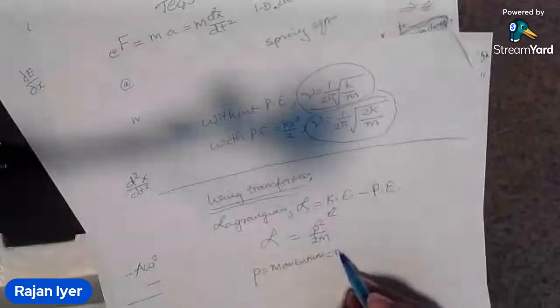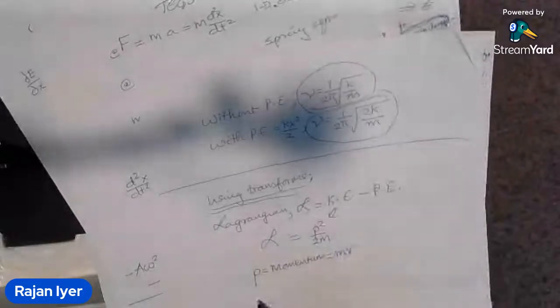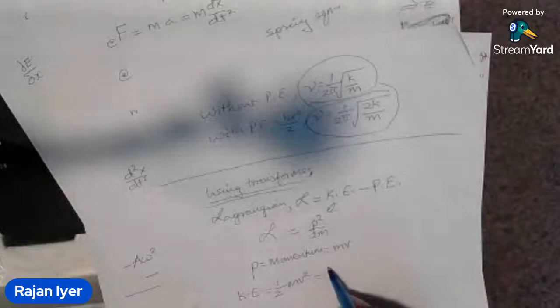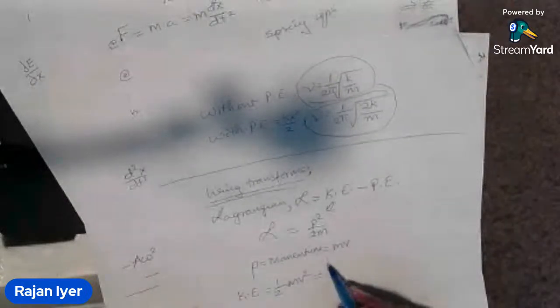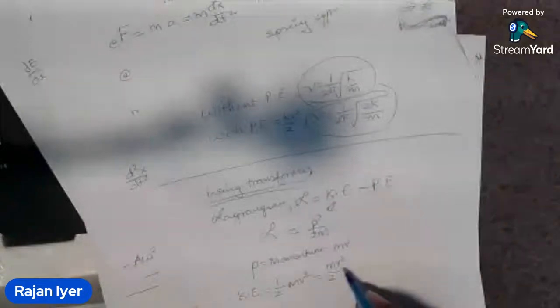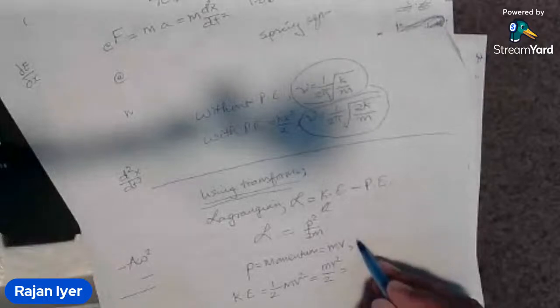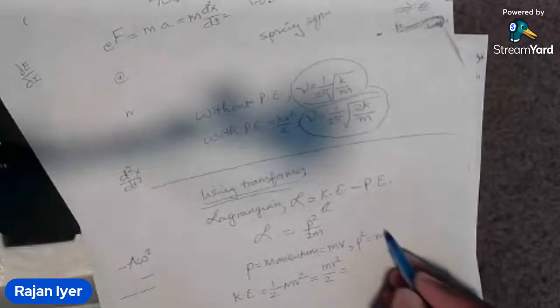So the kinetic energy is half mv squared, which we can write as mv square over 2. Then p square equals m square v square.